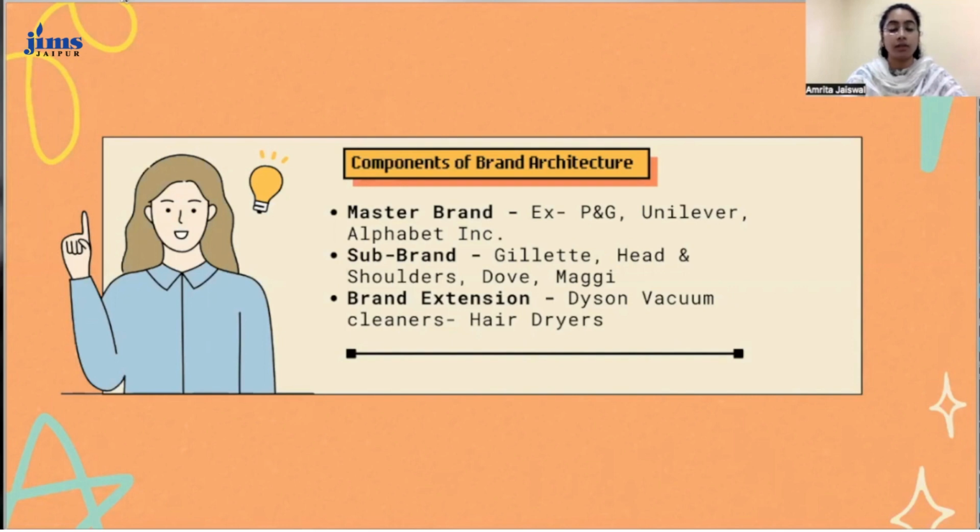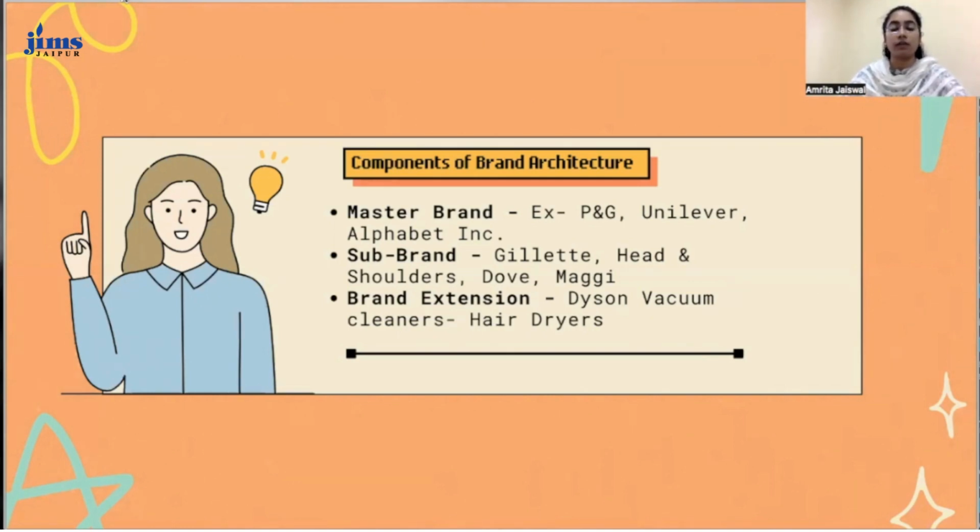For example, Colgate started by making toothpaste and only some time later introduced its toothbrushes and also mouthwashes. Consider that an established motorcycle manufacturing company has now entered a new domain of bicycle manufacturing. Now you understand what is brand extension.